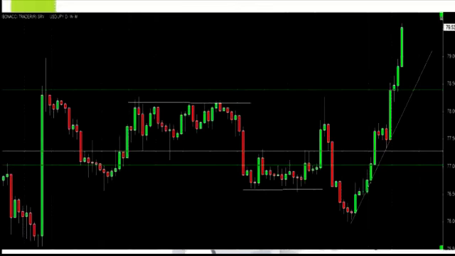We talked about the example earlier of exchanging US dollars for yen. Now this is the dollar yen currency pair, and what we can see here is that since around this time right here, the value of the dollar has strengthened against the yen.